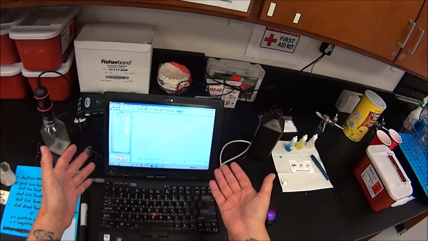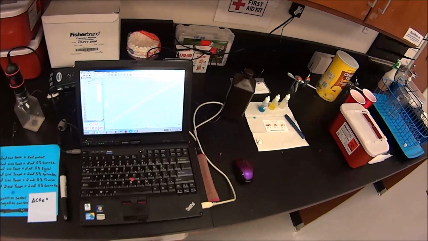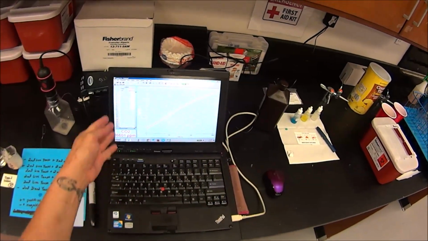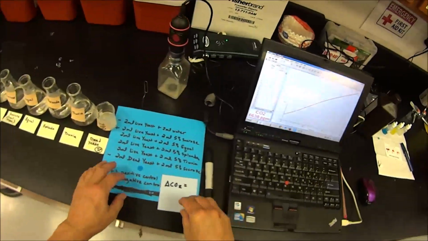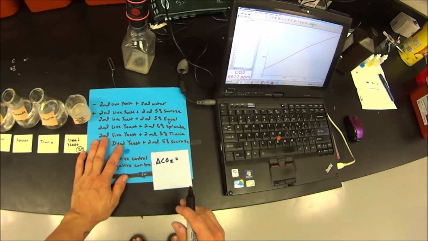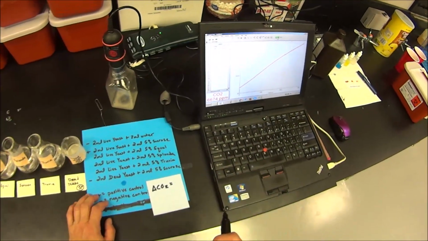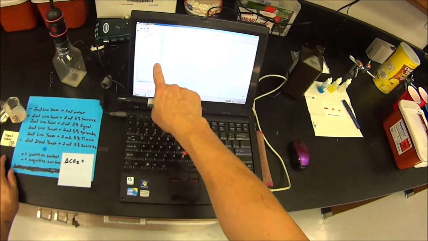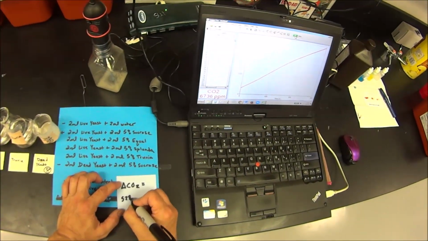All right, our yeast and sucrose solution is finished running. We've got that 300 seconds of time and it cut off on its own. We've got CO2 readings, and now what we're going to do is we have to calculate delta CO2. Delta CO2 is simply the difference between the lowest CO2 reading and the highest. So my highest CO2 reading was 5,283.